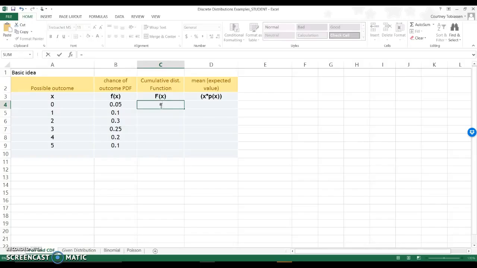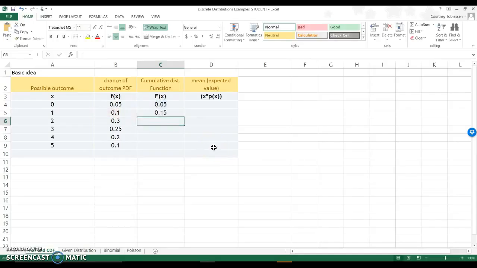The cumulative function starts with the first one, and then it adds what's above and the next one. And the next one is going to add whatever is above it and to the side. A hint in Excel, once we have this running sum started, we can just drag it straight down.